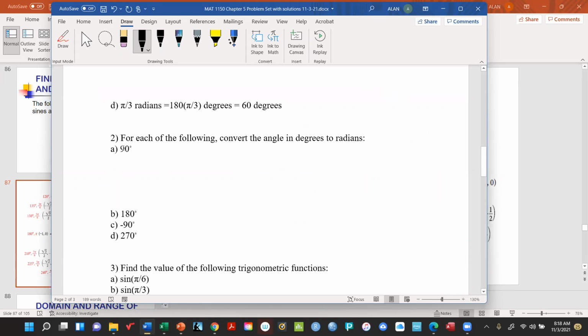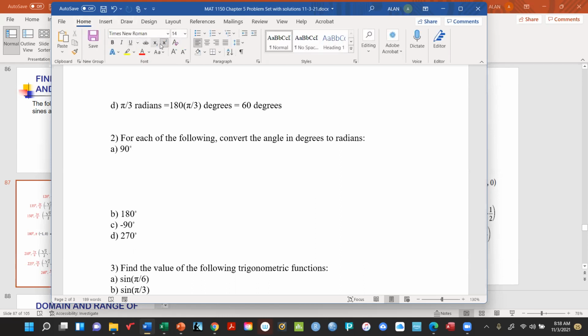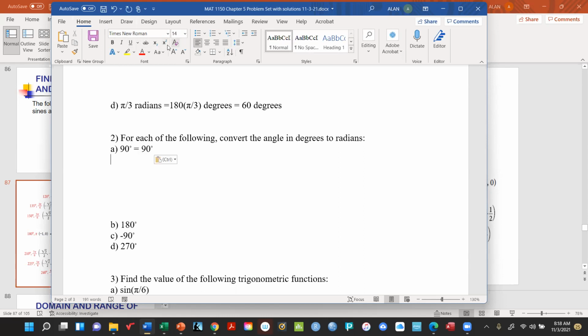Okay, so in other words, 90 degrees, if we divide that by 180, and then you have to multiply by pi.